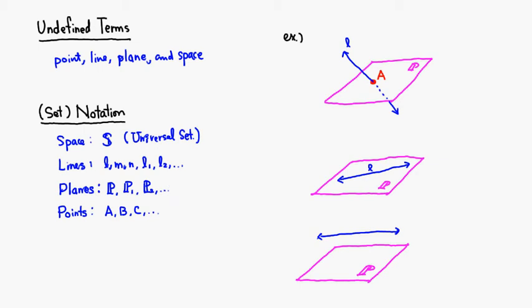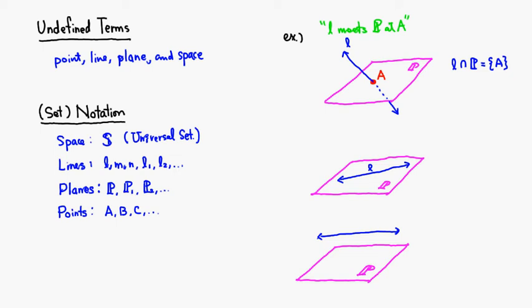Let's say you want to say something like line l meets plane P at point A. In set notation, you can say the intersection of l and plane P is going to be a single point A. So this is a set notation meaning the same thing.